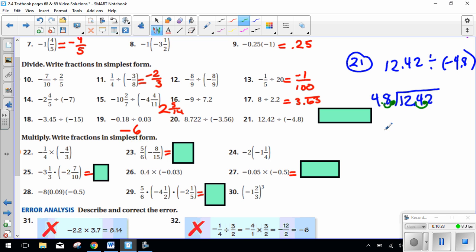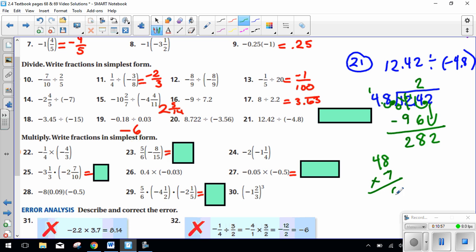So 48 goes into 124 2 times. So we borrow 14 minus 6, 8. This becomes an 11 minus 9 is 2, and we bring down. So let's see. 9's too big.